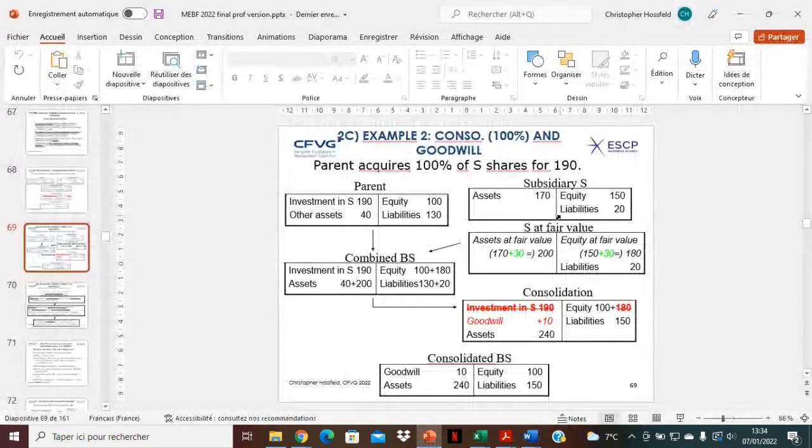So for example, maybe here the asset is a building and the book value of the building is 170, but the same thing for the selling shareholders and for the acquiring shareholders. Remember what we said in the very beginning, the book value is not relevant. The fair value at the date of acquisition is relevant. And therefore, maybe the building has a book value of 170, but maybe it has a fair value that is higher, fair value of 200, and so on.